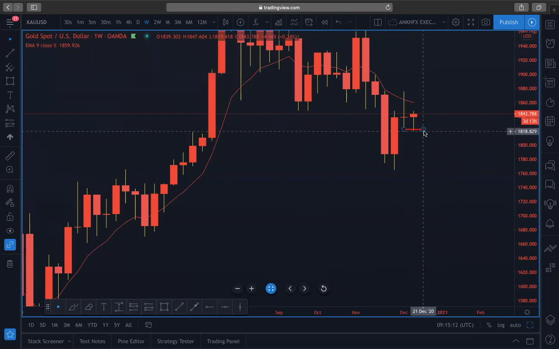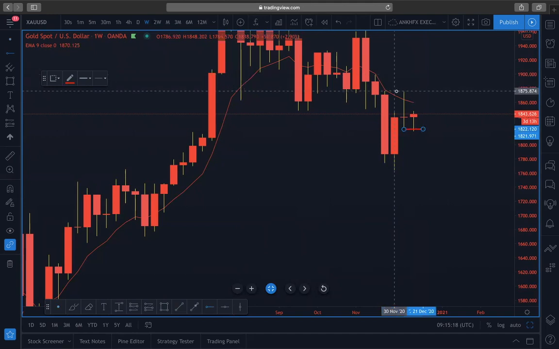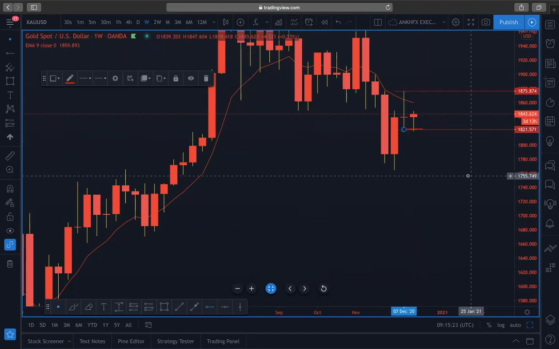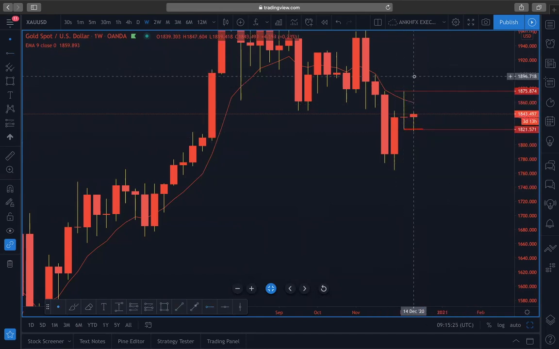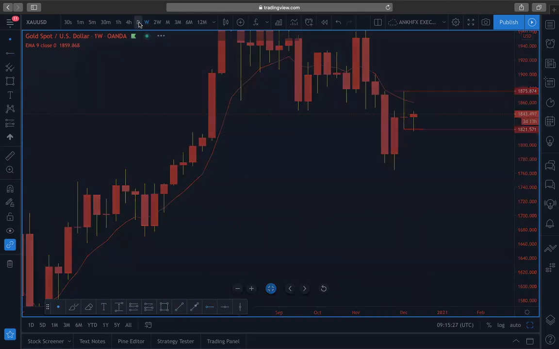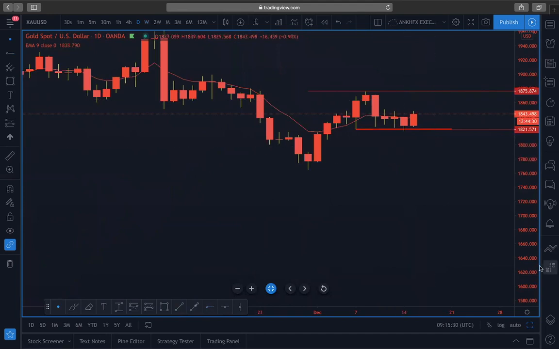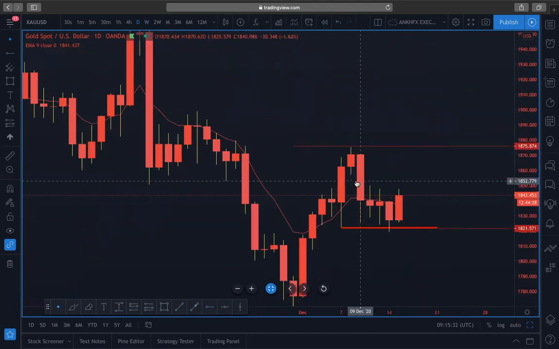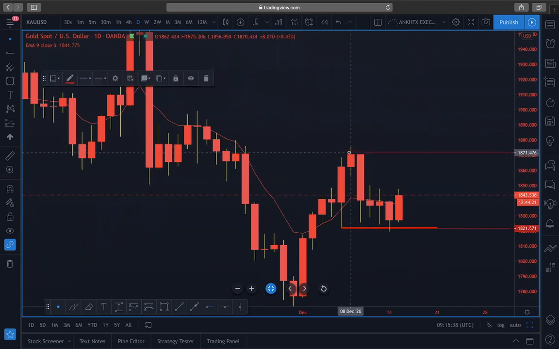So that's for the weekly. The weekly is stuck between this range. Then we go to the daily, and we see that after this week and this week, there is nothing to hold back until the 1870, right?